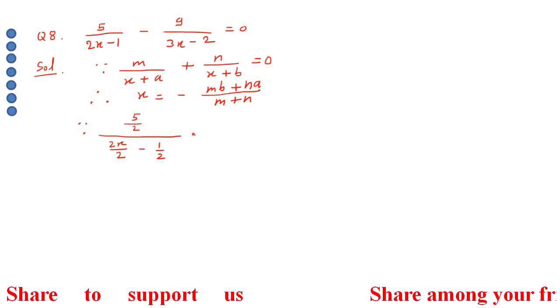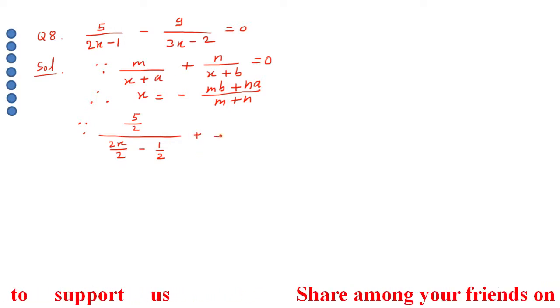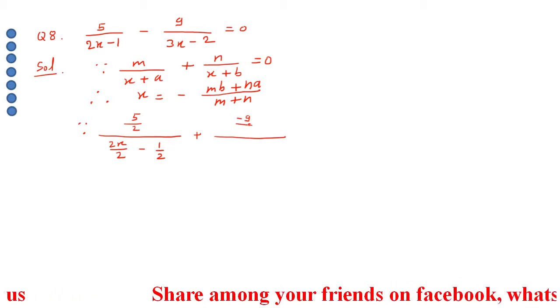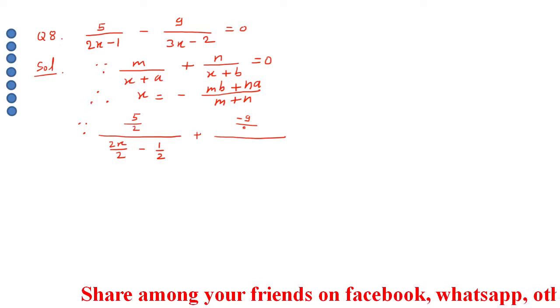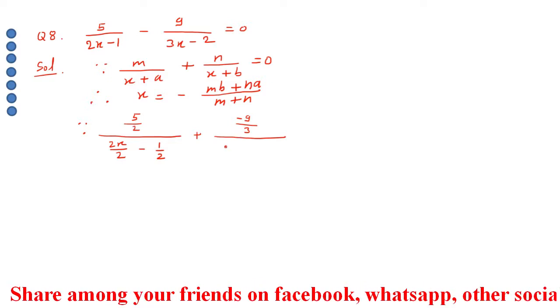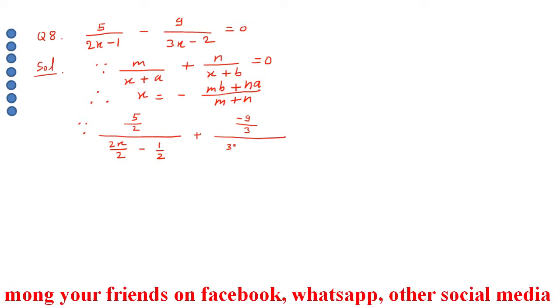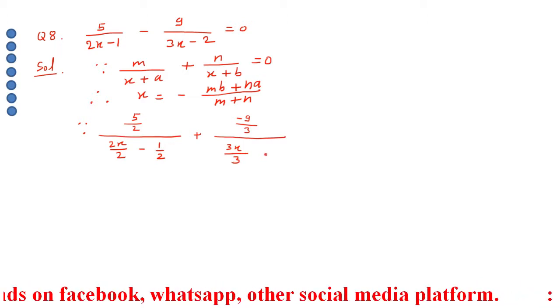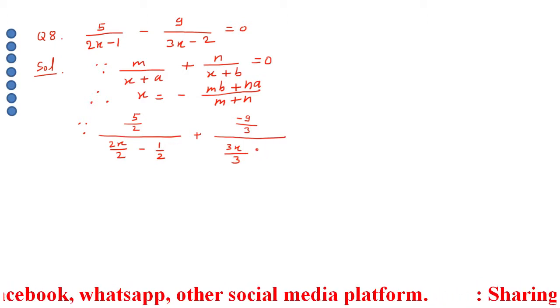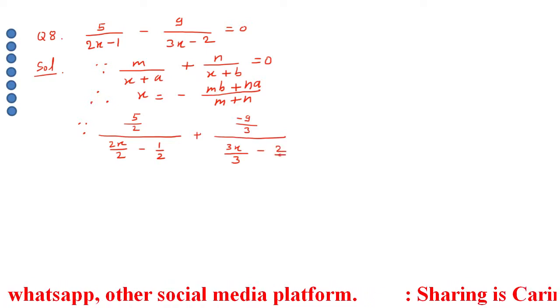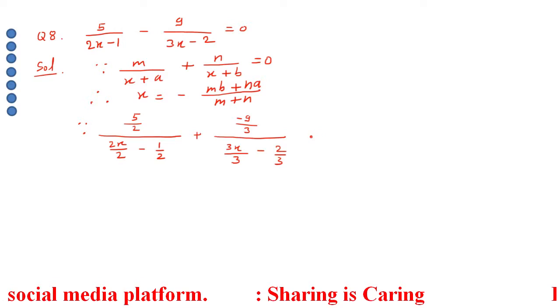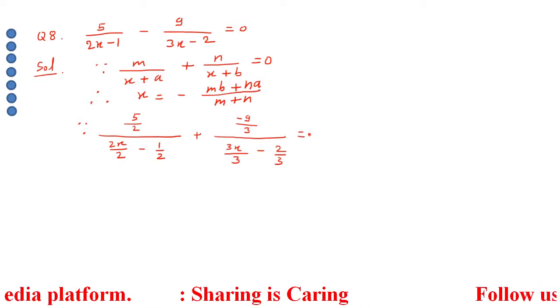In the middle I am just writing a plus sign, then the minus sign I am giving to 9, then the numerator we are dividing by 3. Why are we dividing by 3? So that the coefficient of x here should be 1. Then here also divide by 3, and then minus 2 upon 3. Now in the next step, students, we will simplify it, equal to 0.